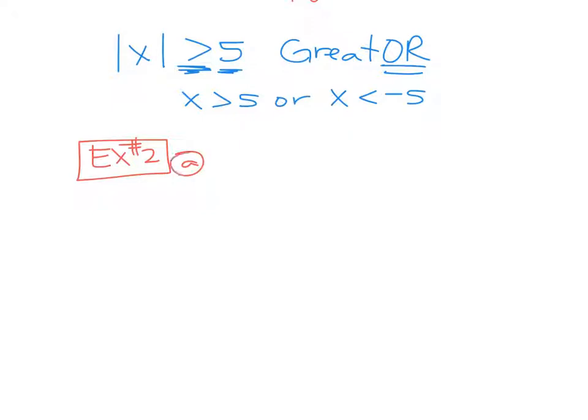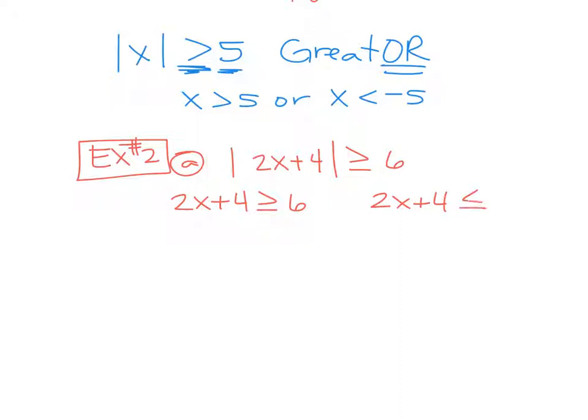Let's say we have the absolute value of 2x plus 4 is greater than or equal to 6. So it's absolute value greater. This is an or problem, okay? Your two equations are going to be 2x plus 4 is greater than or equal to 6, and 2x plus 4 is less than or equal to, so flip it over, and then make it negative, okay? And then you solve those two. So we're going to take away 4.